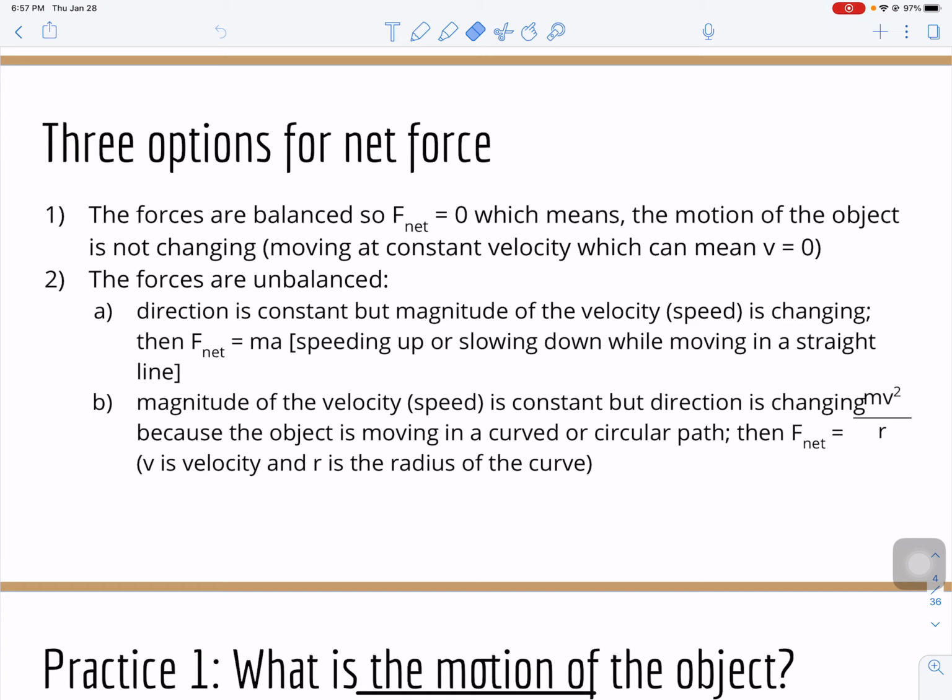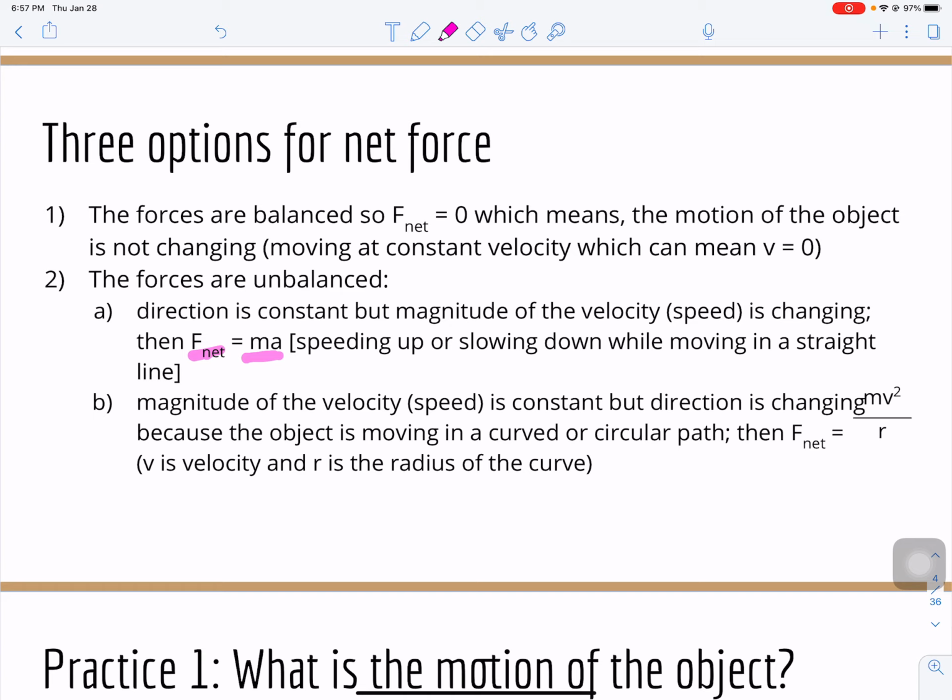And we say that the object is either speeding up or slowing down while moving in a straight line. So that's one idea when the forces are unbalanced. I have an object moving in a straight line, but it's speeding up or slowing down. So when that is true, we say that the net force is equal to ma.